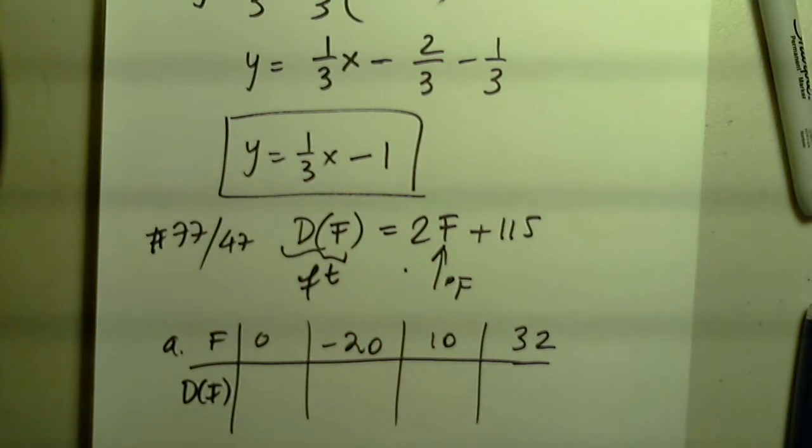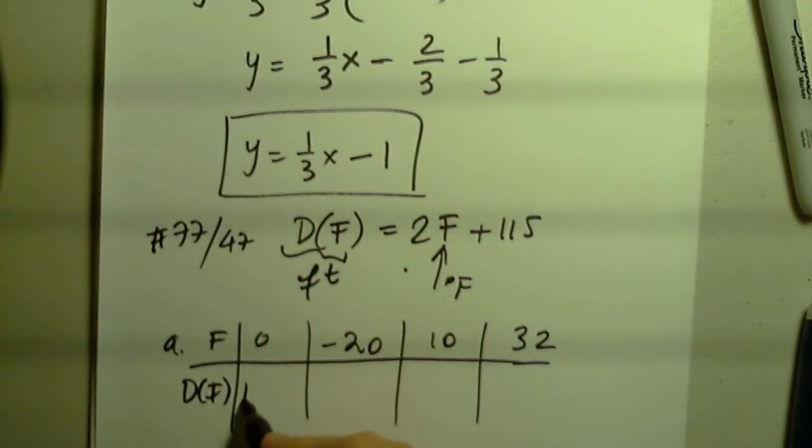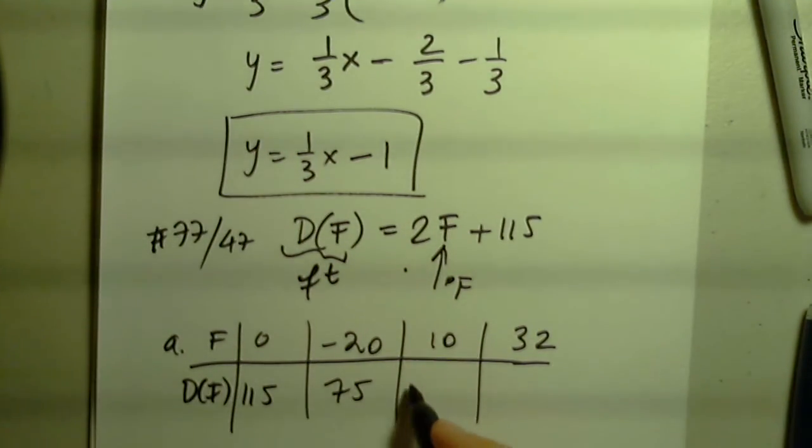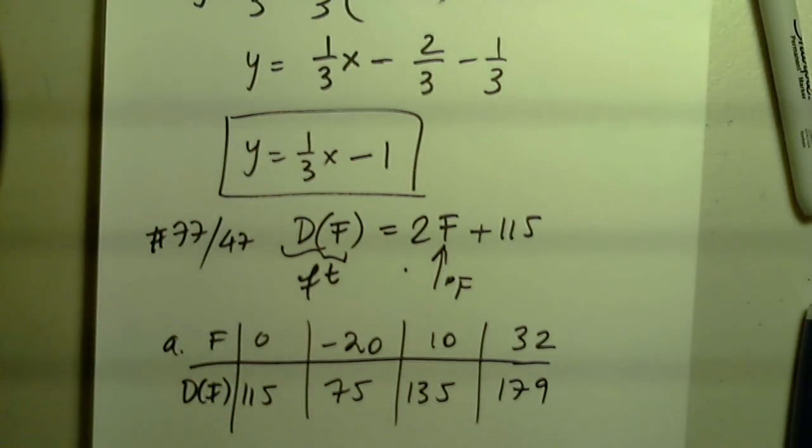In y equals, clear whatever you had, and just put in 2x plus 115 and go to second table, and we enter 0, -20, and then 10, and then 32, and I will put them in the table. So 115, obviously, 75, 135, and 179. Are you with me? Is that okay? Everything okay? Everyone? Yes, ma'am.